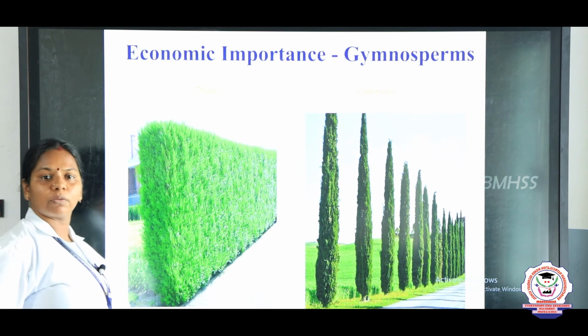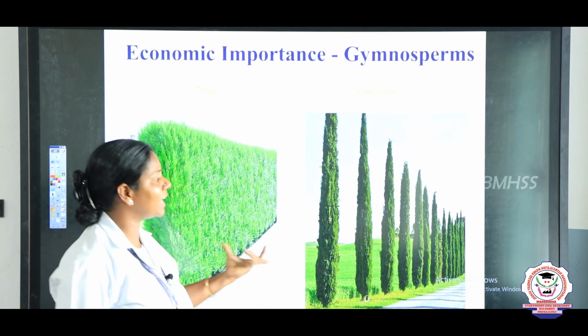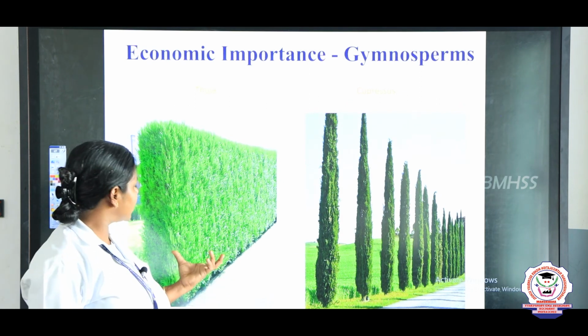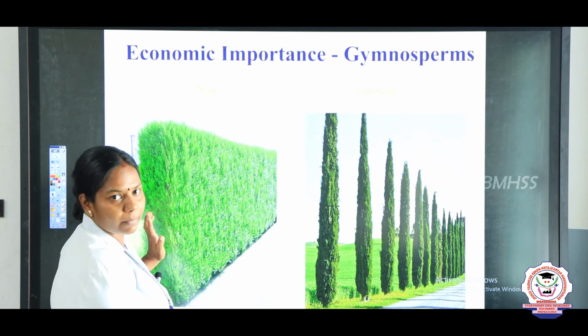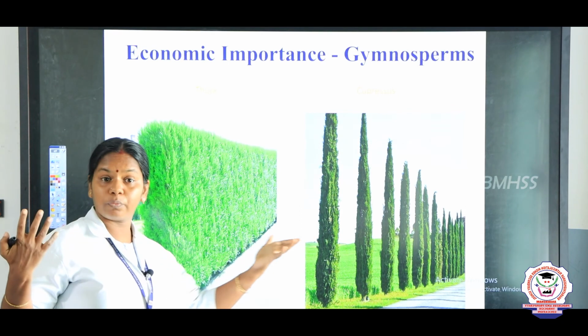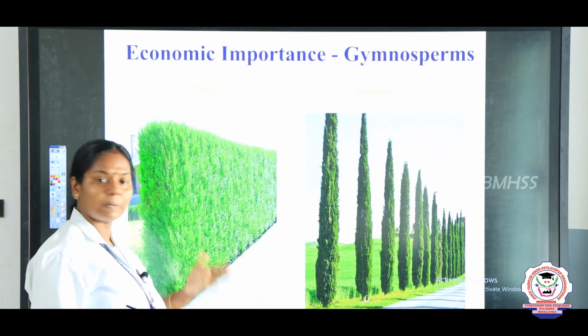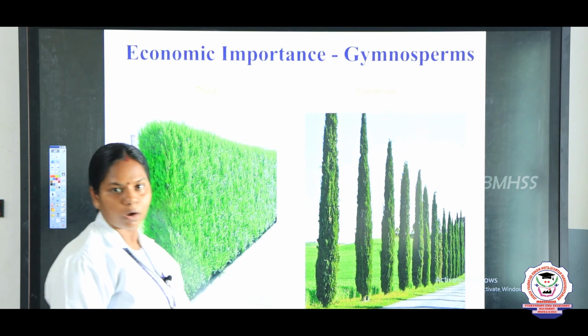The next economic importance is about Thuja and Cupressus. By seeing them yourself you can identify that these plants are ornamental, like in front of the malls and in front of the villas, where these trees are planted. It gives a decorative appearance to the villas.